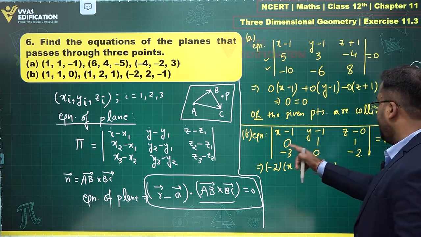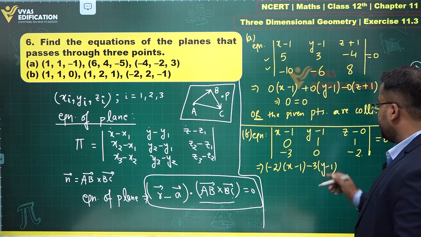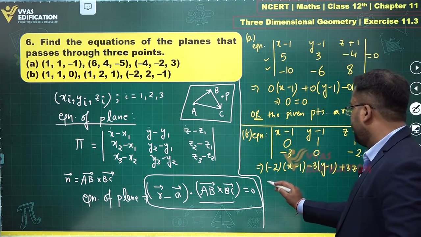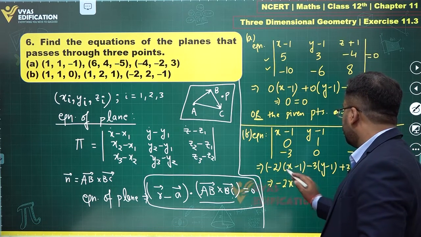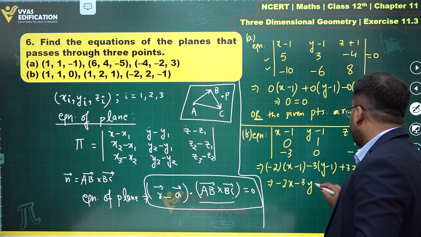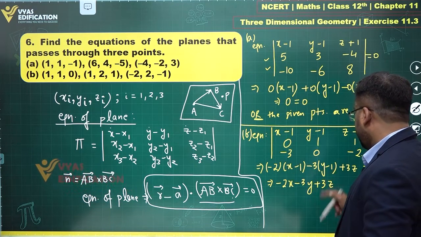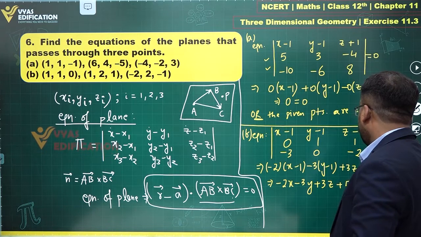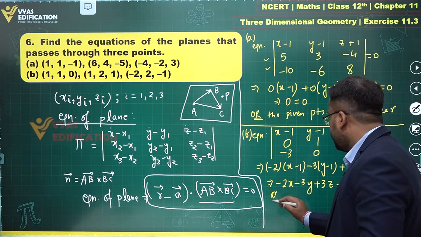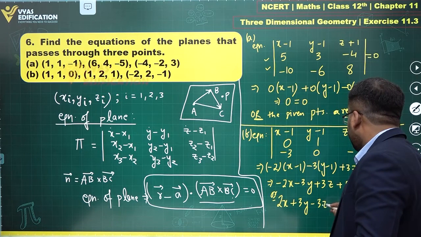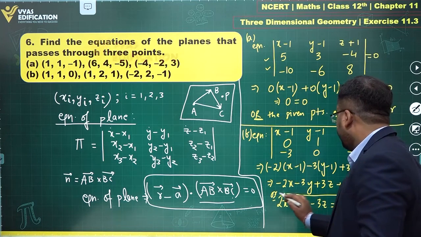With z you have 3, minus of minus 3 becomes 3 times z, which is equal to 0, and the equation will be minus 2x minus 3y plus 3z, and you have 2 plus 3, which is 5, equals 0, or you can write it as 2x plus 3y minus 3z is equal to 5.